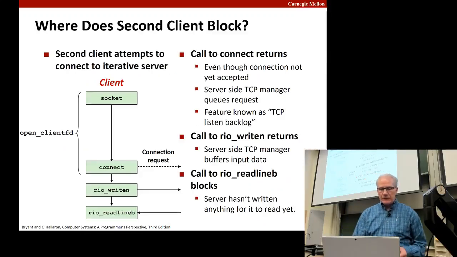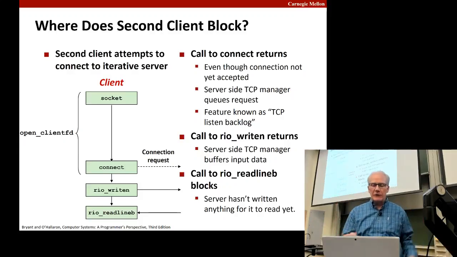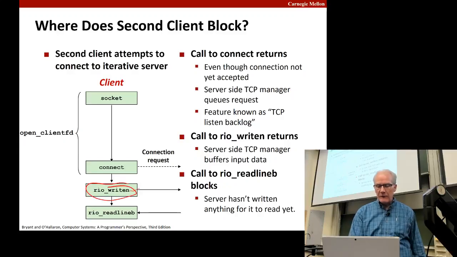And like I said, the slightly subtle part is the client code makes a call to socket, which just sets up the data structures for a connection. It makes a call to connect to a server. That actually returns, and then it's this call that blocks.